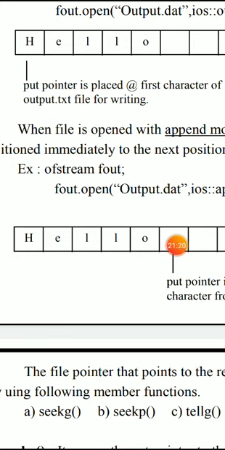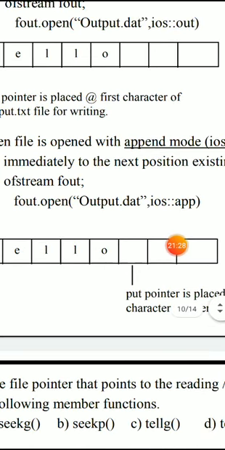Once you open the file in append mode, when the compiler detects that the user wants to open a file in append mode, the user can specify append mode in the file syntax like fout.open output.dat, ios::app.